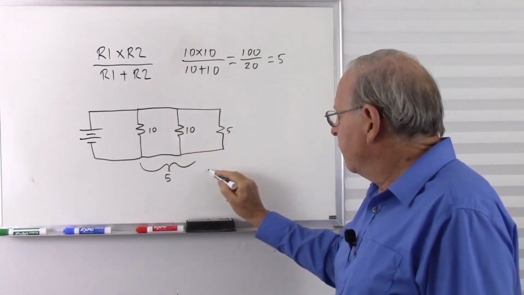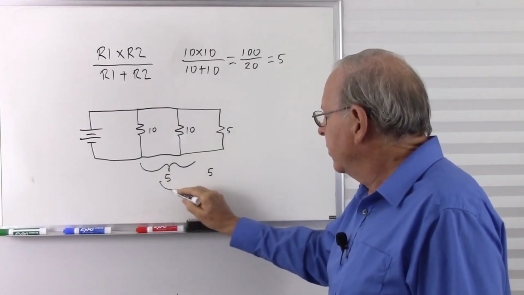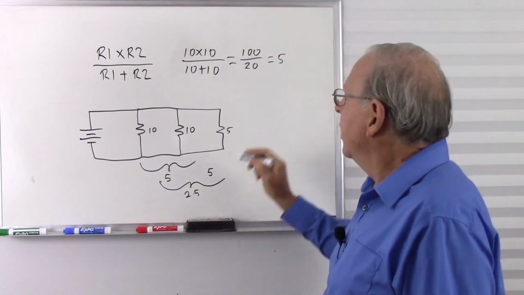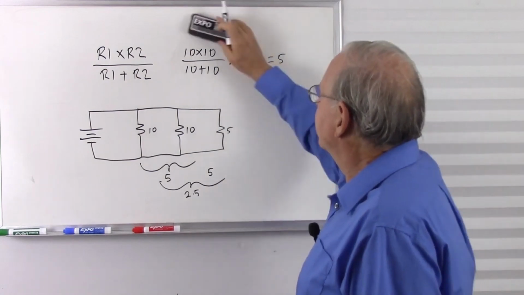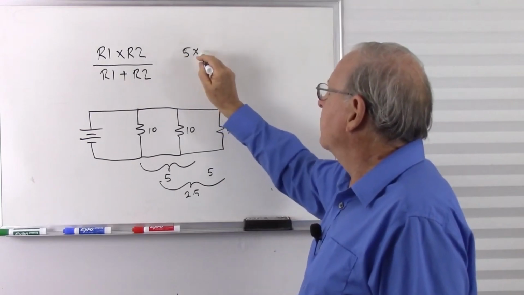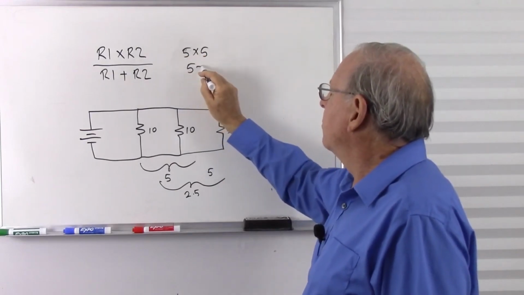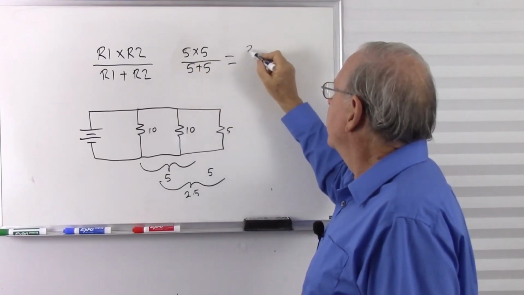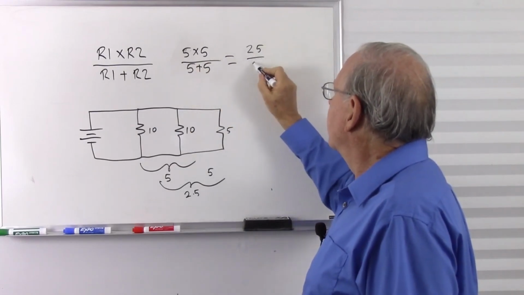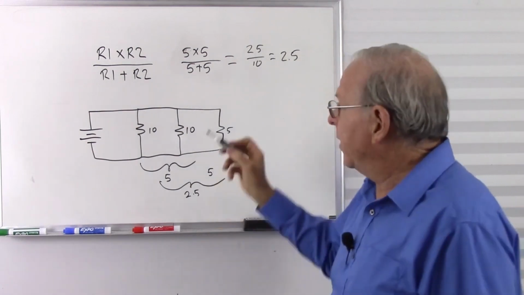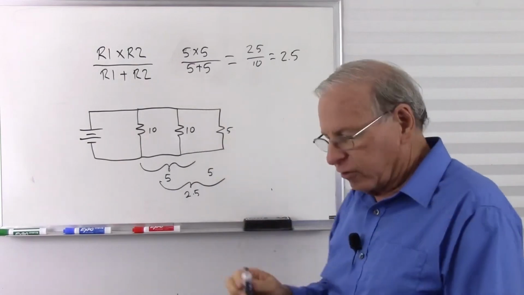Then we can do the other 5 ohm resistor in parallel with those, which gives us 2.5 ohms. We can do the calculation again: 5 times 5 over 5 plus 5 equals 25 over 10, which equals 2.5. So that formula works, but we had to do it twice to do 3 resistors in parallel.